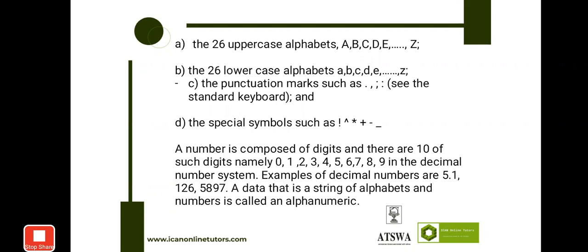and all of those. So a number is composed of digits, and there are 10 of such digits. Every number is composed of 10 digits, from 0 to 9. Every other number has to do with bringing 2 or more digits together to form a new number.